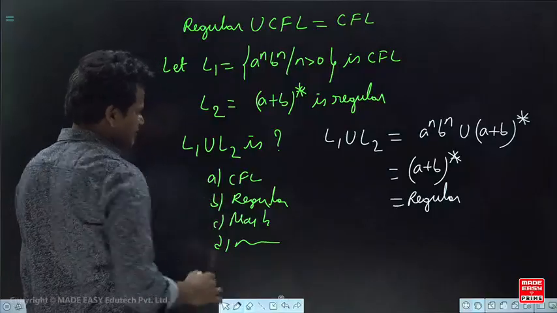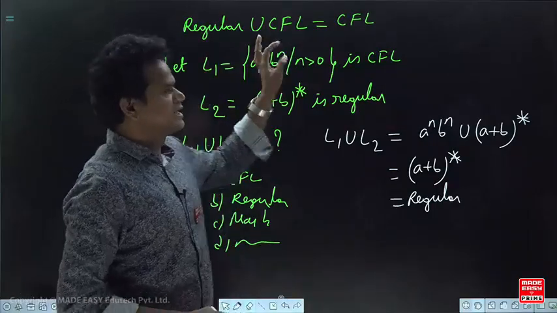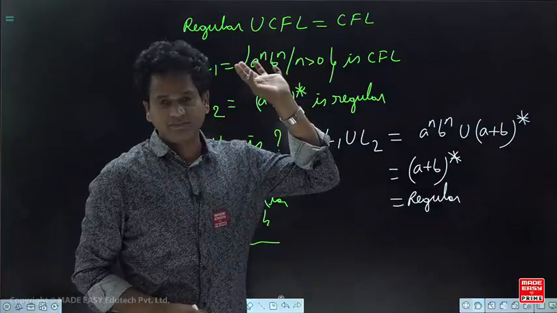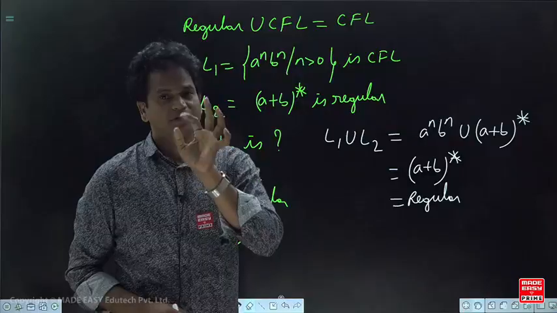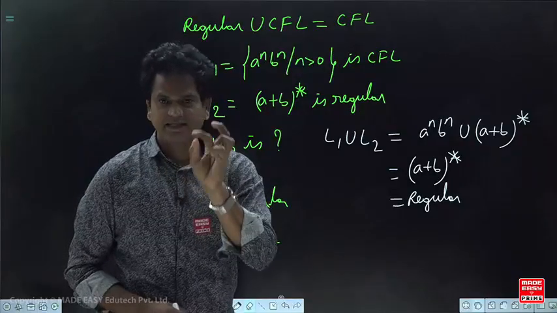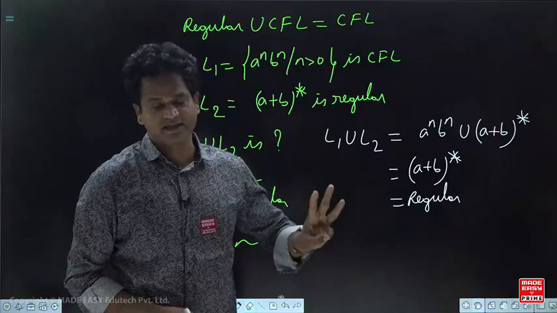Whenever two languages are given, in general, L1 is regular, L2 is CFL. Then what is L1 minus L2? Again, there is a problem. In general, I can give three types of questions, the same question in three ways.